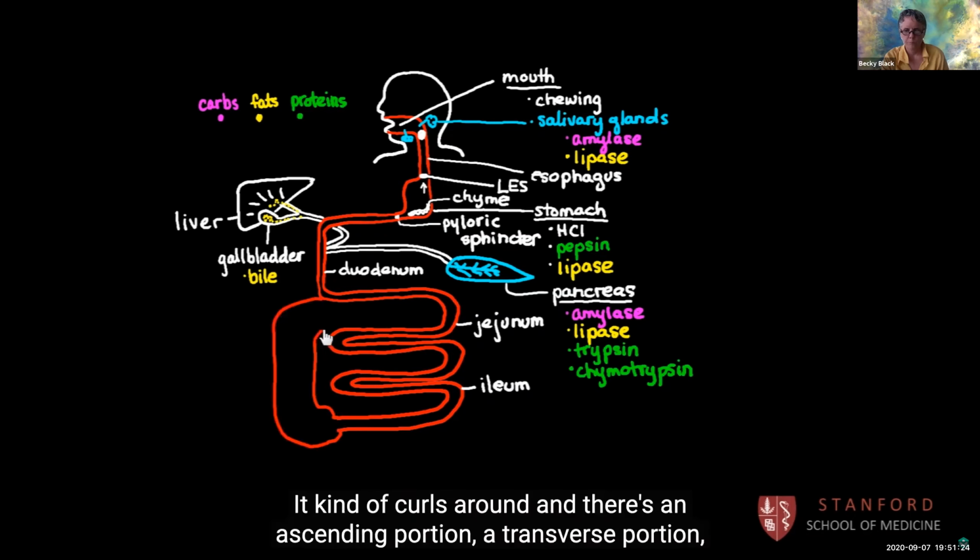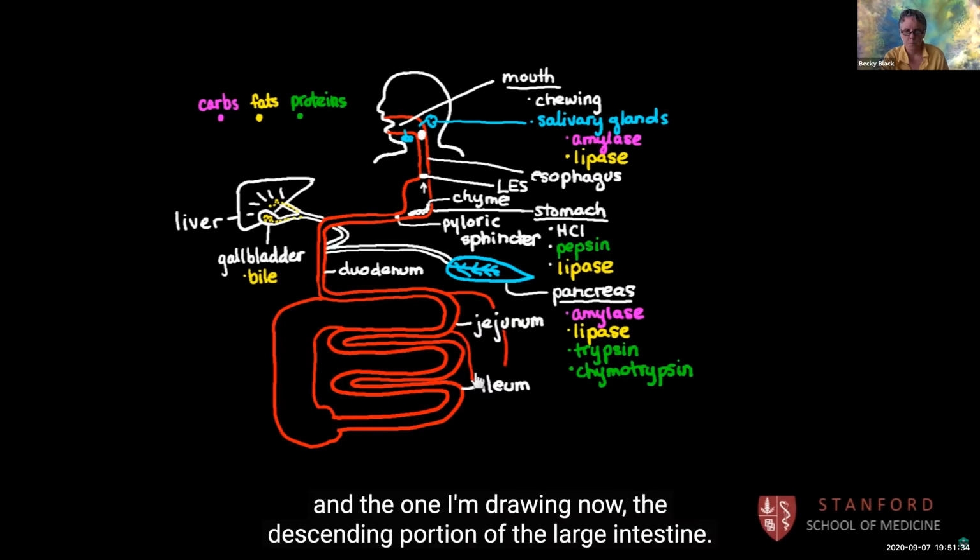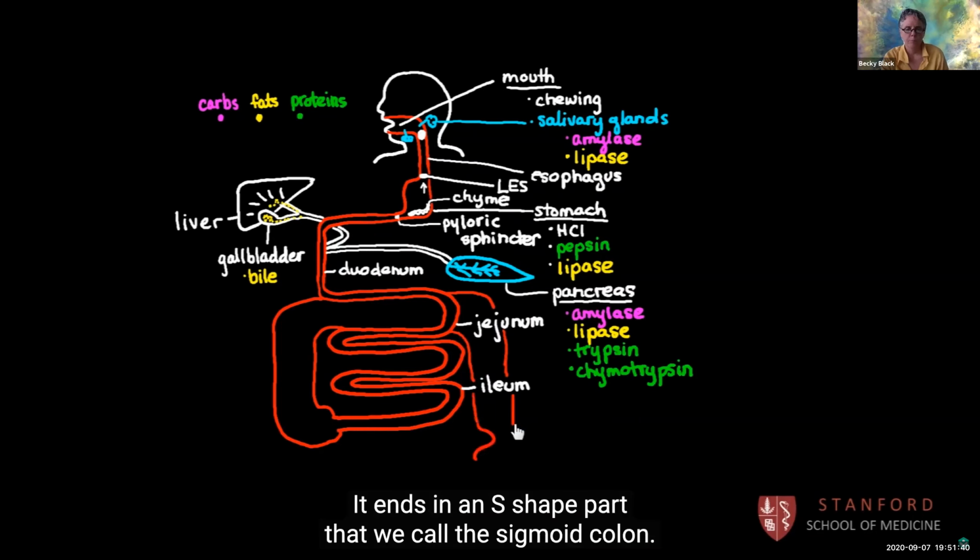And it kind of curls around, and there's an ascending portion, a transverse portion, and the one I'm drawing now, the descending portion of the large intestine. And it ends in an S-shape part that we call the sigmoid colon.